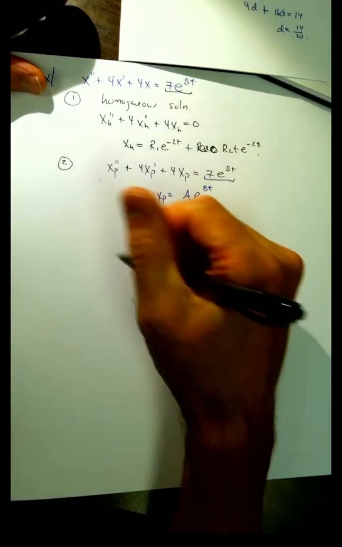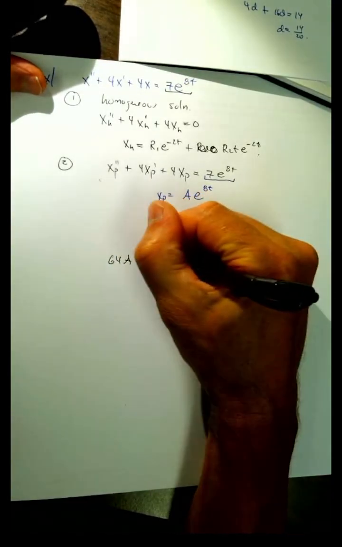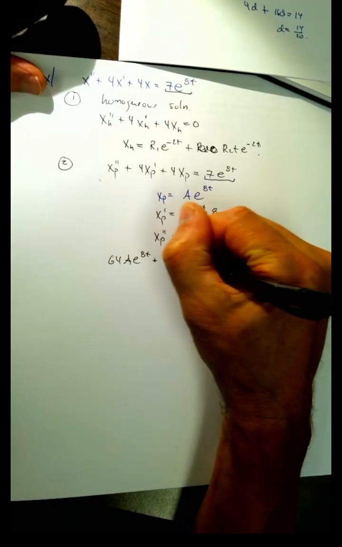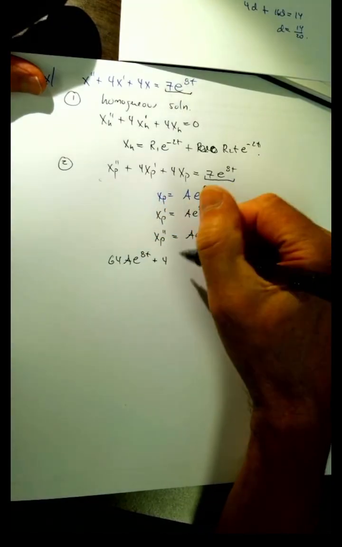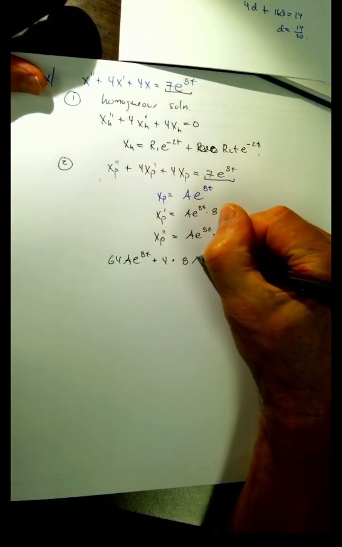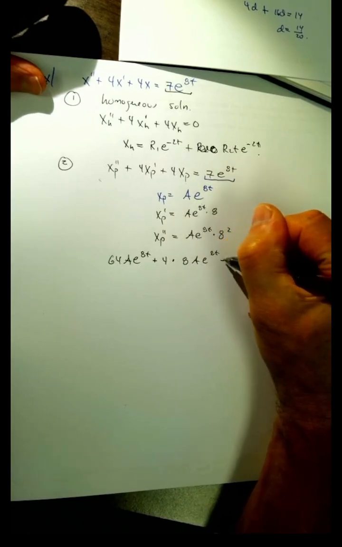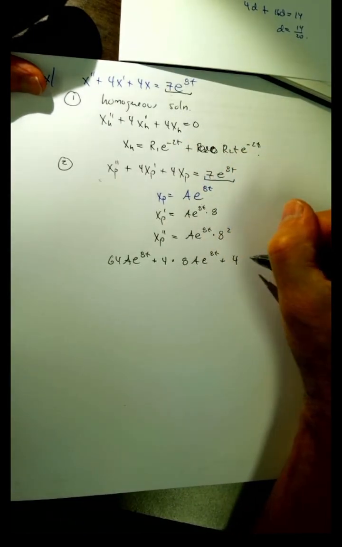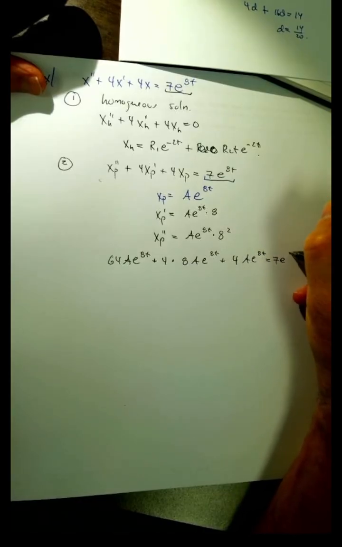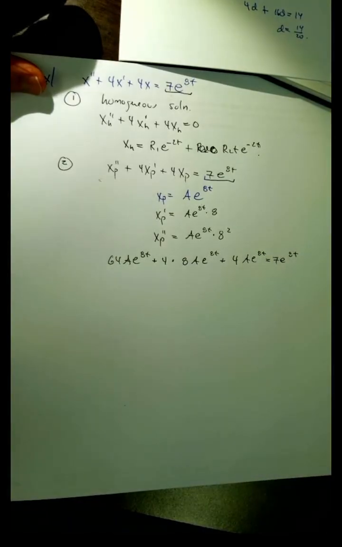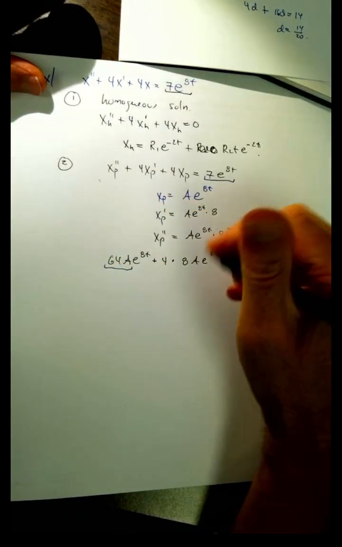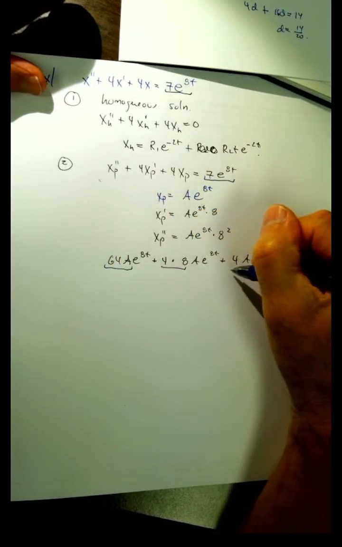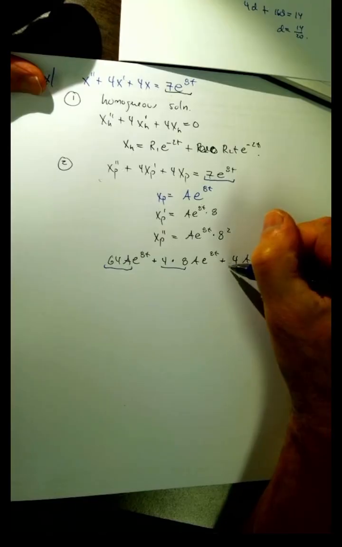So the second derivative is 64a e to the 8t plus 4 times the first derivative. And the first derivative is 8a e to the 8t, plus 4 times the function, which is 4a e to the 8t, equals 7e to the 8t. So I've got 64 a's, 32 a's, and 4 a's.